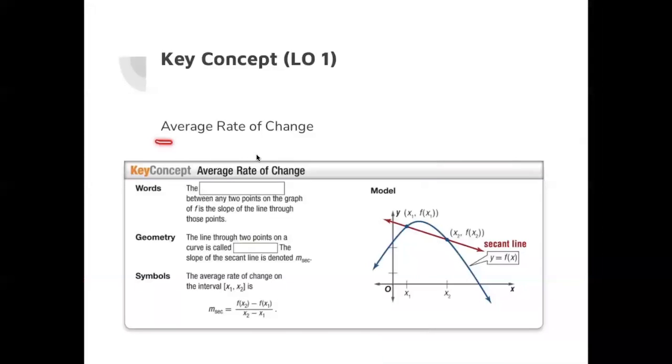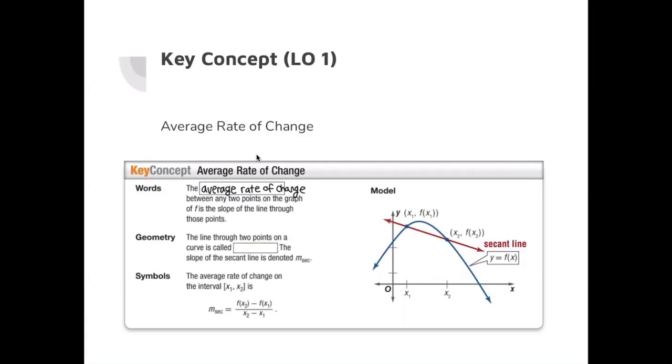We're going to learn what an average rate of change is. Please fill in the blanks as I tell you, okay? First, let's look at the dictionary definition. The average rate of change between any 2 points on the graph of f is the slope of the line through those points.